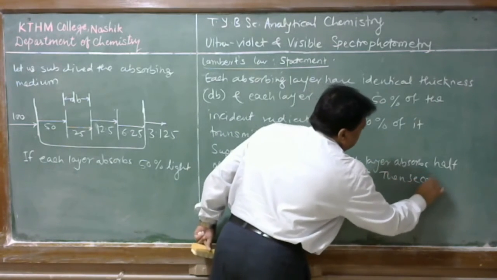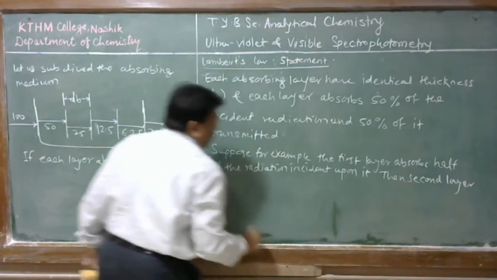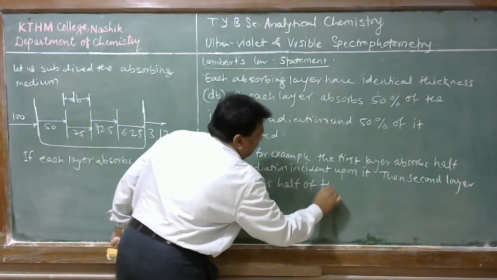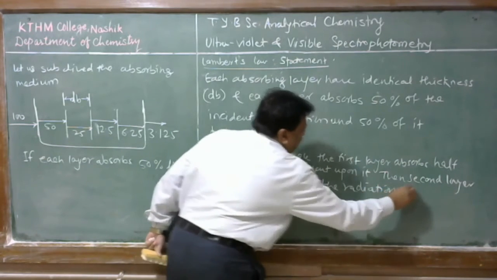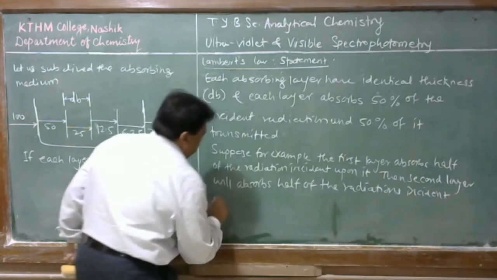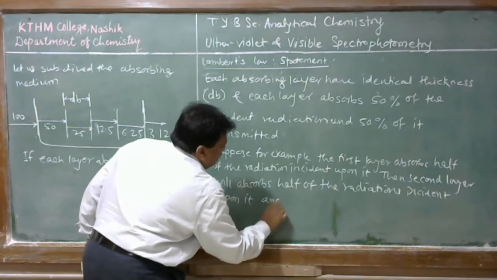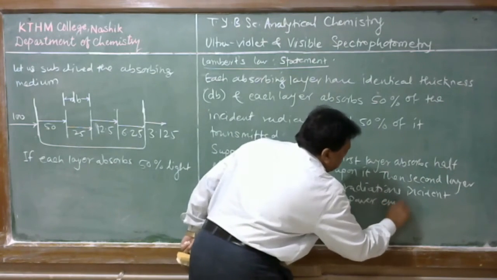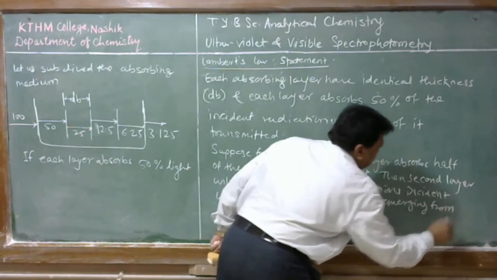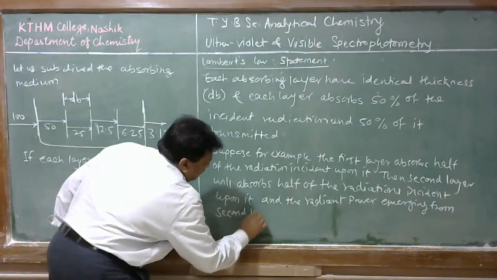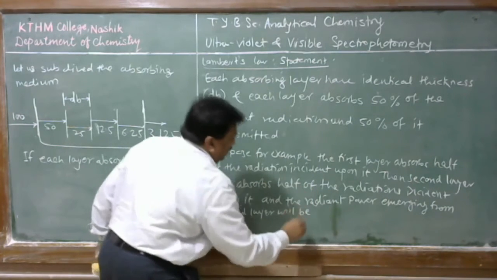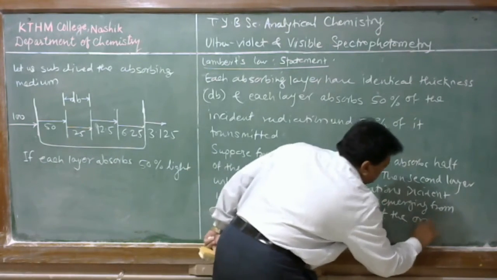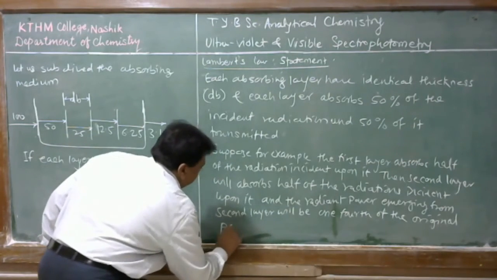Then the second layer will absorb half of the radiation incident upon it, and the radiant power emerging from the second layer will be 1/4 of the original power.